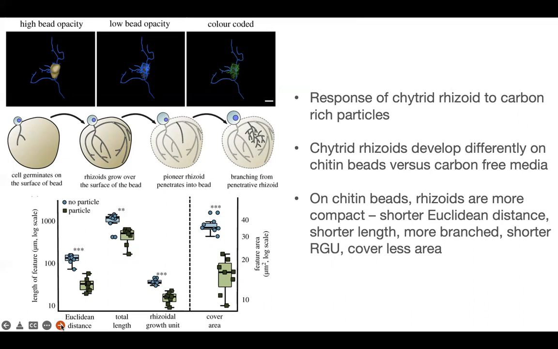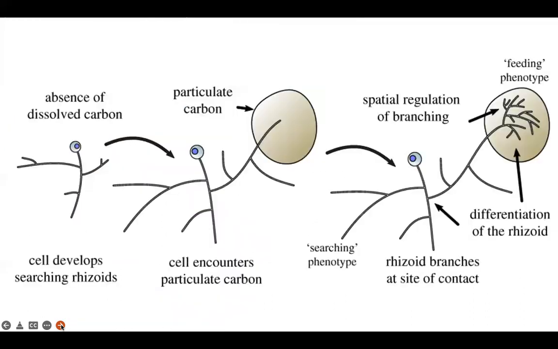Again, the data are here. I've provided the reference for the paper, but we've got a nice little cartoon showing exactly what I mean. If we grow gel 800 and set up our experiment, so a piece of particulate carbon, this is a chitin bead, is in contact with the rhizoid, this rhizoid becomes hyperbranched.